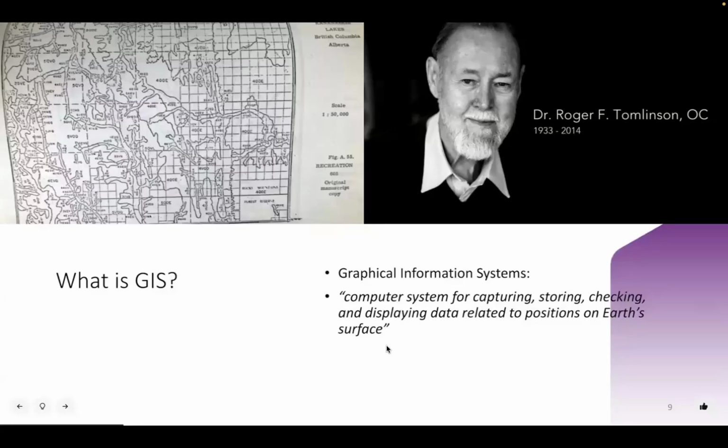Just a quick history lesson about GIS. It was established by Dr. Roger Tomlinson in the 1960s, and he was commissioned by the Canadian government to create a usable and efficient inventory of their natural resources. He had originally tried various manual methods for overlaying these environmental, cultural, economic, and political variables, but he found that all were too time-consuming or too costly.